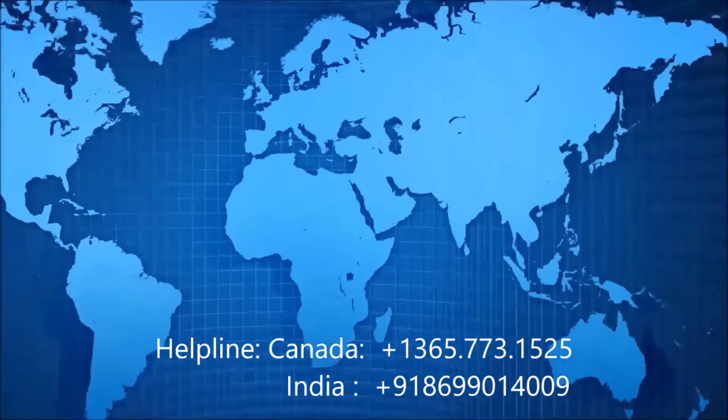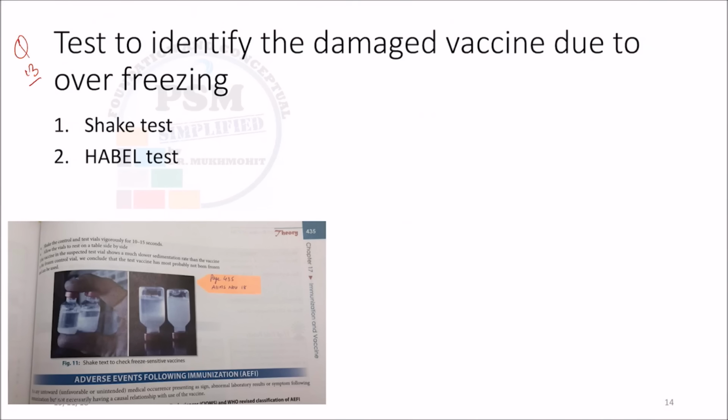Now question number 13. The test to identify the vaccine damaged due to over freezing. This is again from our classes. Whenever we talk about the DPT vaccine, diphtheria pertussis tetanus vaccine, it has an adjuvant known as aluminium hydroxide.